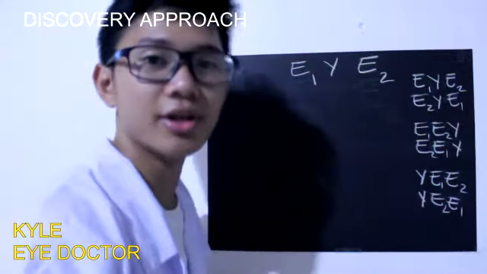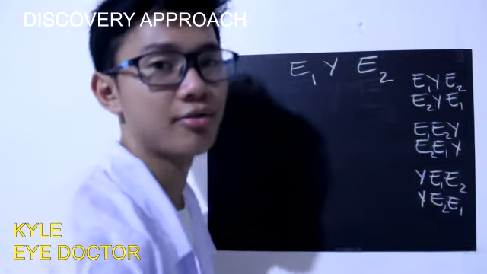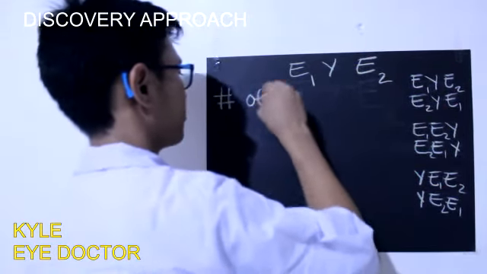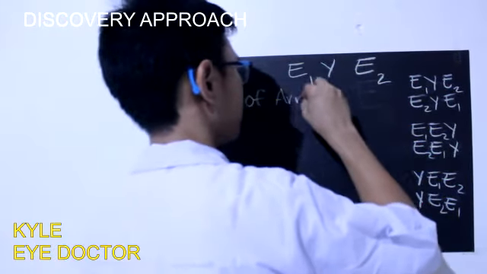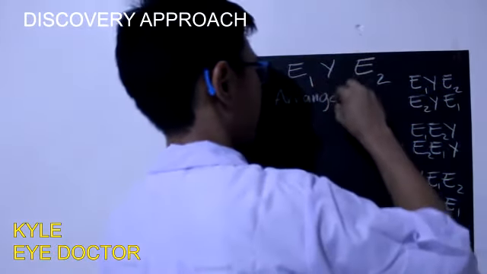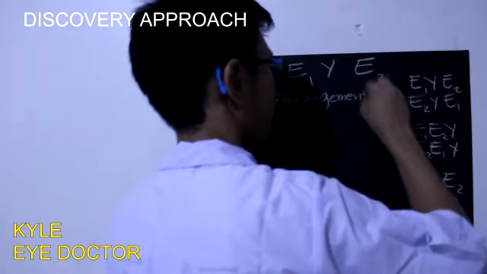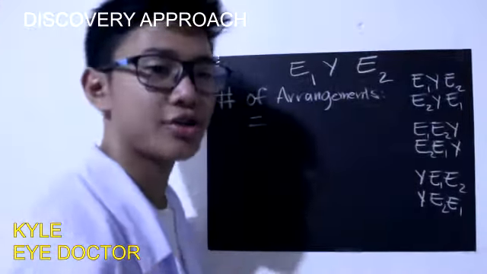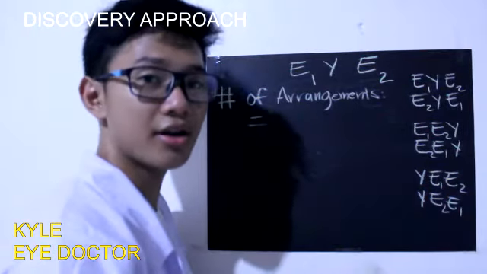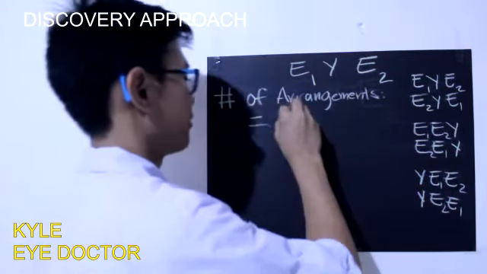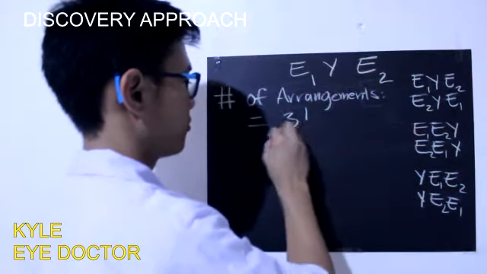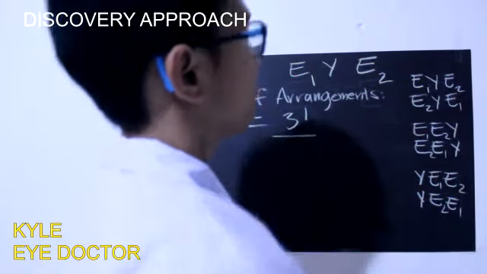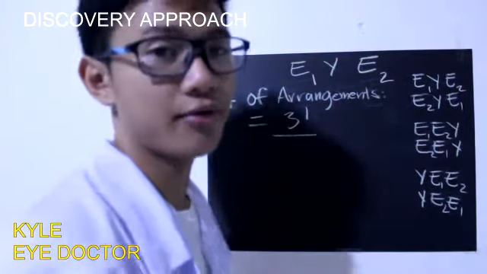And I'm about to put the number of arrangements available in the word I. We have 3 arrangements in the word I. Here, we have 2 different ways to write the word I, and we have 2 factors.